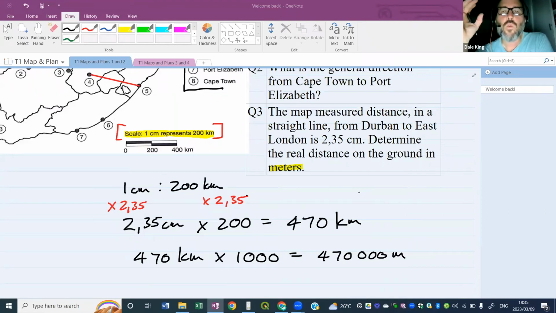So when you look at your answer, and if you have an idea of roughly what the distance should be, then if you're getting 470 meters, it doesn't sound right. Now you're not going to spend time checking your answers, but if you have time at the end of the exam, you can go over your question and look at your answer. Does this look right? Something's wrong about this. So you can check your answers to see if they look realistic.